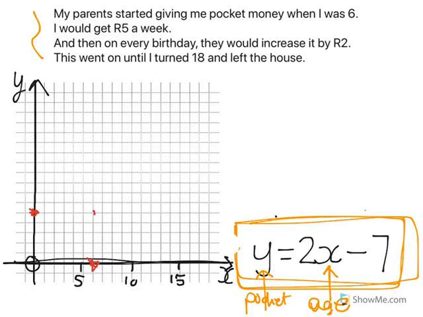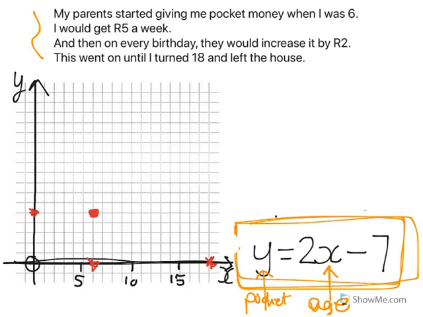So that would be the first point. And we color it in to show that we are including 6 in our domain. If it was an open dot, then we'd say that we're not including 6 in our domain. The domain is any number that's bigger than 6, but not including 6. And then, of course, it ends when I turn 18.